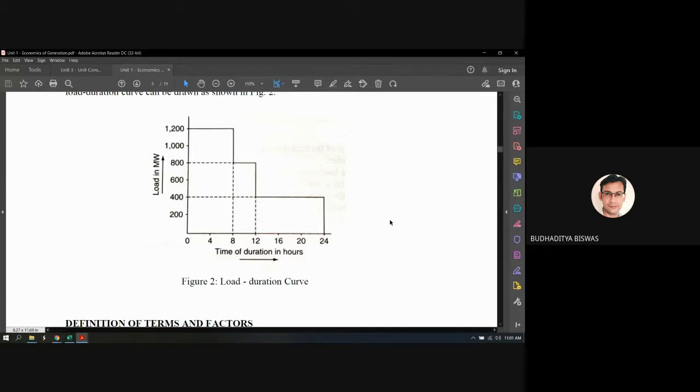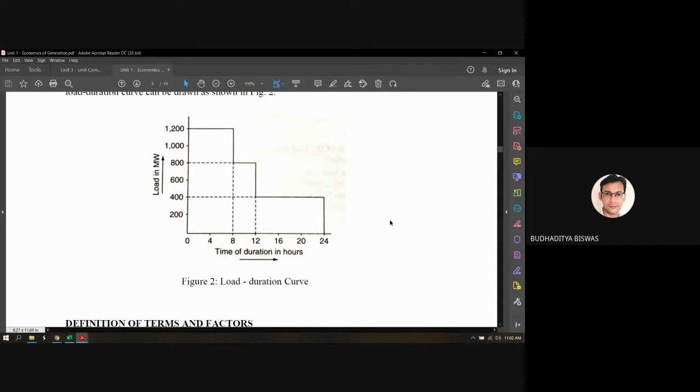So why not switch on only one unit and switch off the other 2 units? Then the load demand is also satisfied. But the problem is which unit will contribute, unit 1, unit 2 or unit 3, because all the units are able to generate 400 megawatt. Got my point? Understand these things very carefully, because next class when I start unit commitment, you must know the meaning of unit commitment.